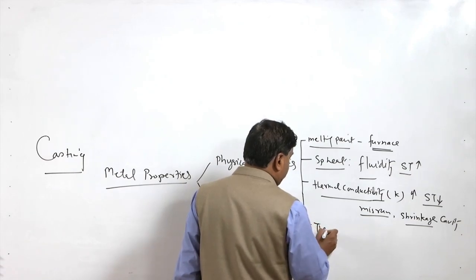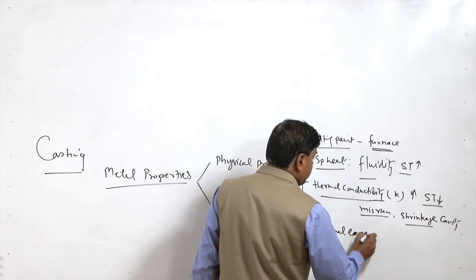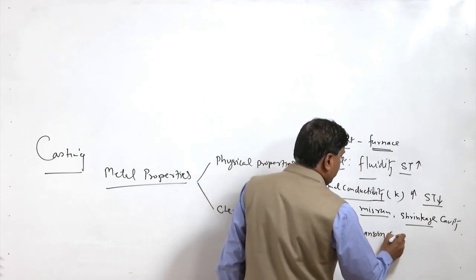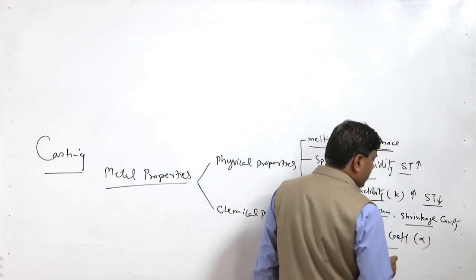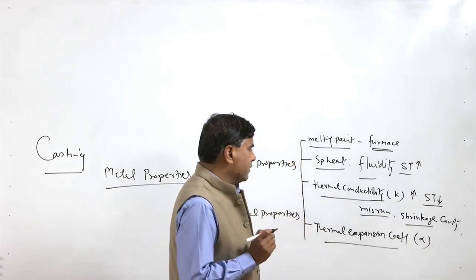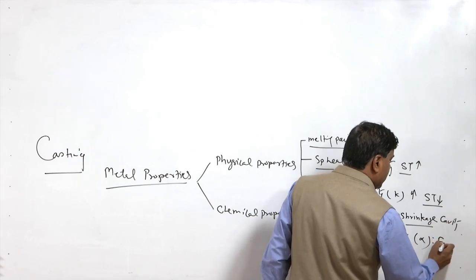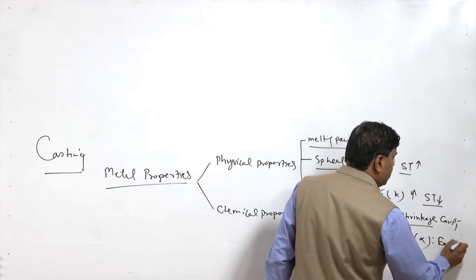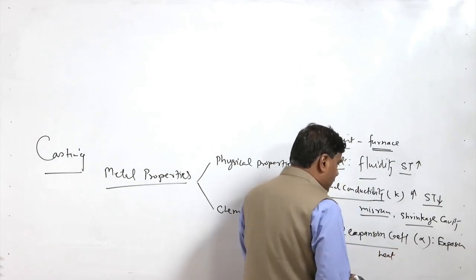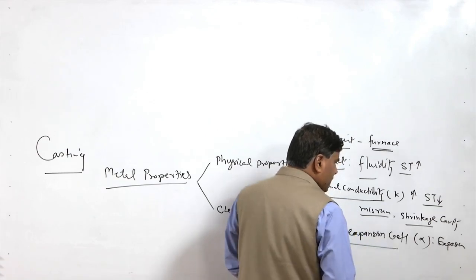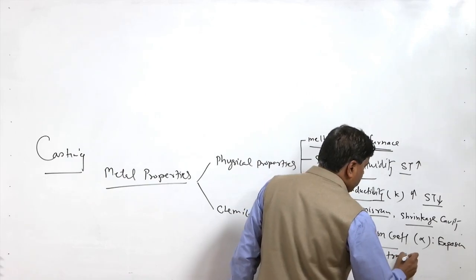Then thermal expansion coefficient. The thermal expansion coefficient alpha is important with regard to two aspects, the expansion and contraction which occur due to heating and cooling. Expansion occurs in the course of heating and contraction during cooling.